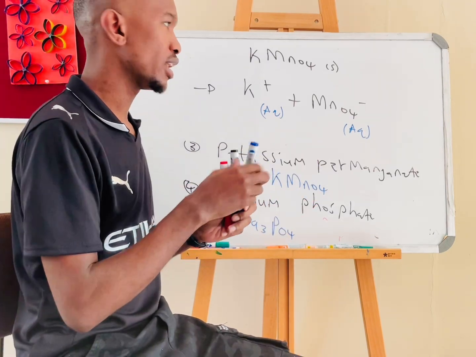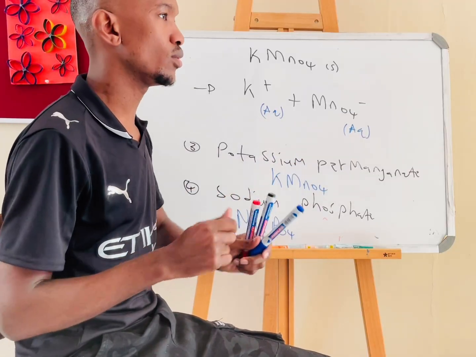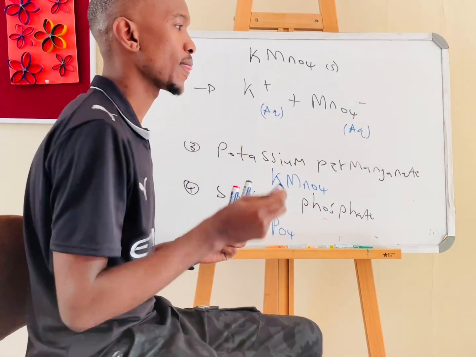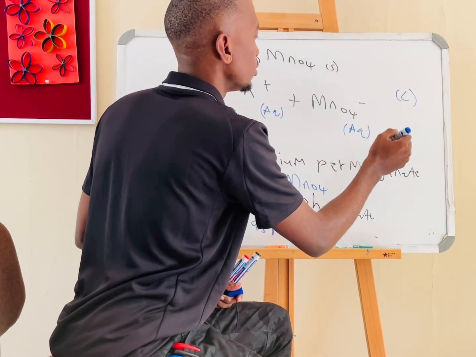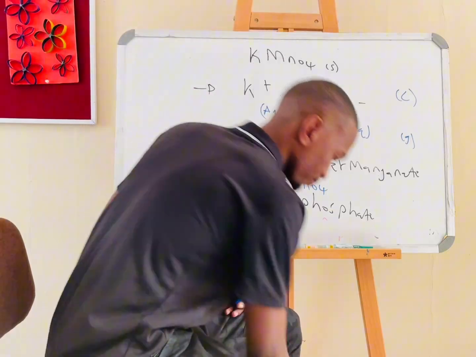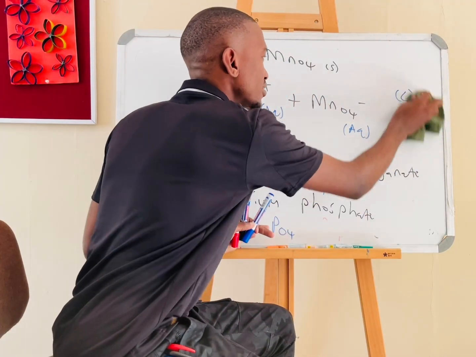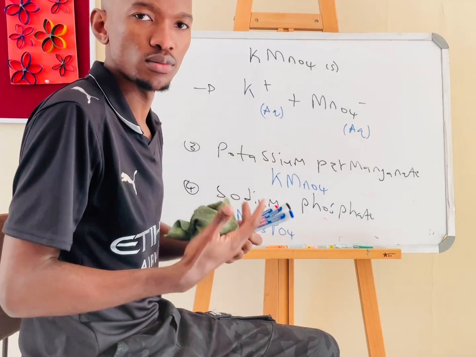Remember, we have S meaning solid phase. Aqueous is a phase as well. We have a liquid like your water, L, it's liquid. And then you also have G, which is your gas. Aqueous basically means that they are dissolvable, they are soluble.